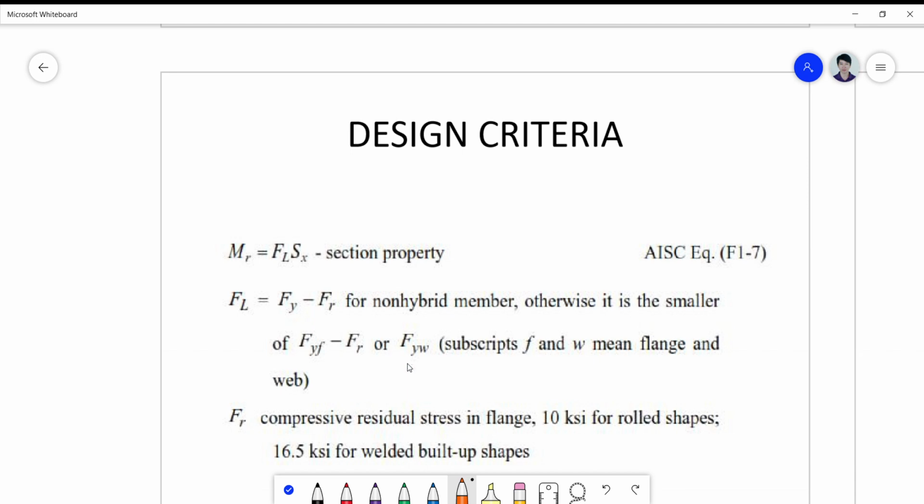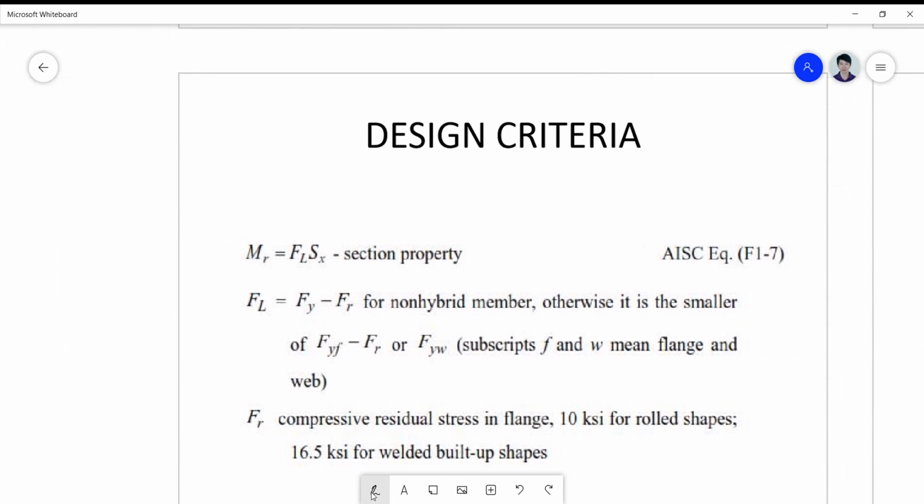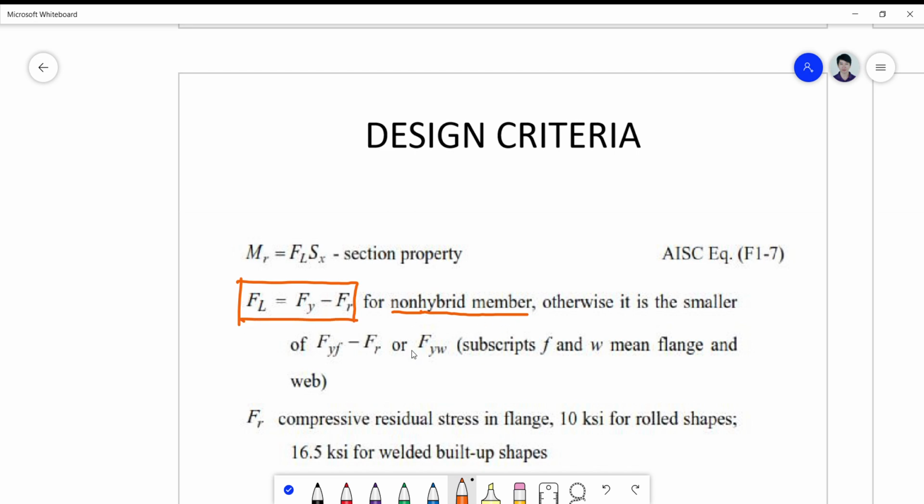When we're talking of a non-hybrid member, you use simply this formula. But when you're talking of a hybrid member, otherwise, you have to choose between Fyf, the flange yield, or simply your web.